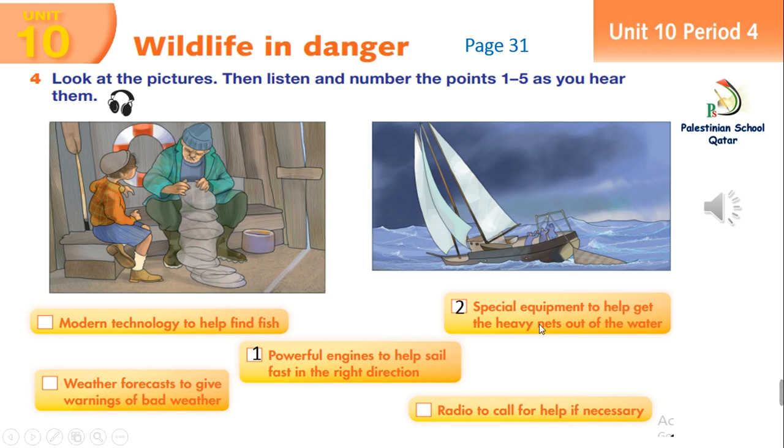Special equipment to help get the heavy nets out of the water. Number 3 is radio to call for help if necessary. And number 4, weather forecast to give warning of bad weather. And the last one, modern technology to help find fish.